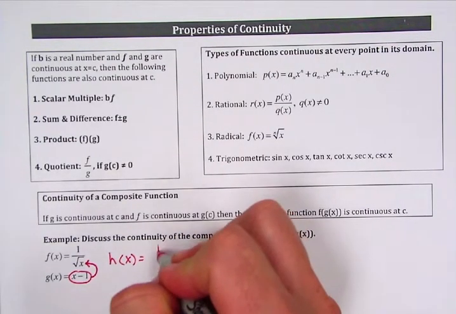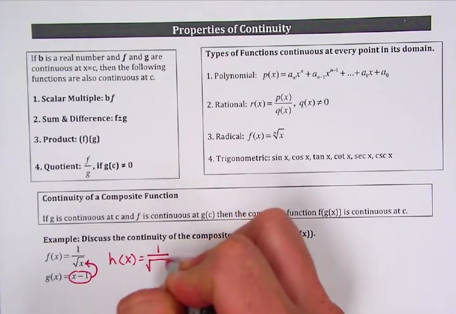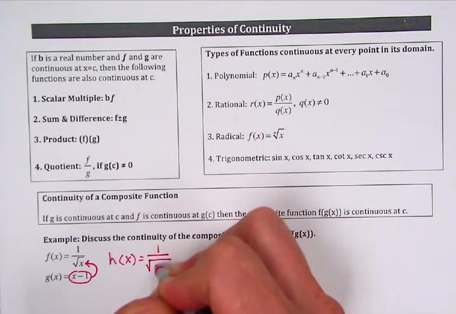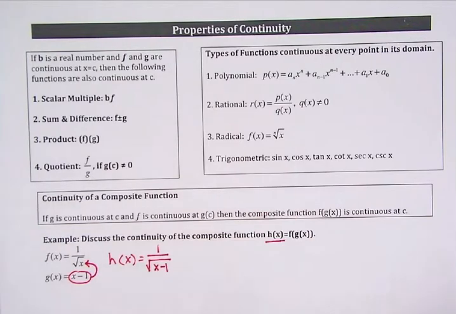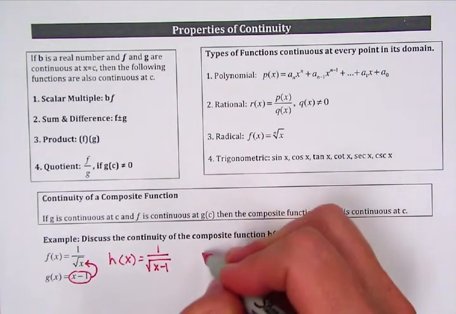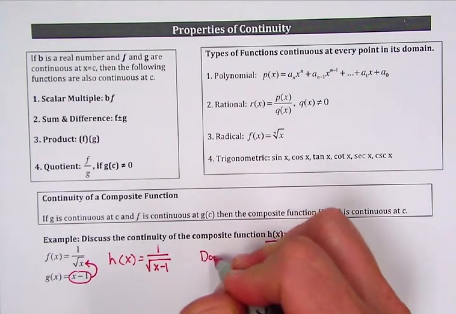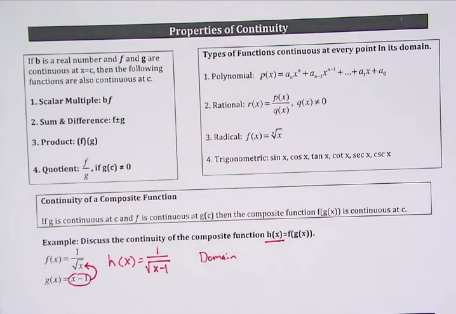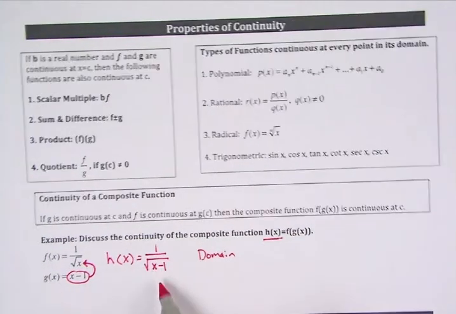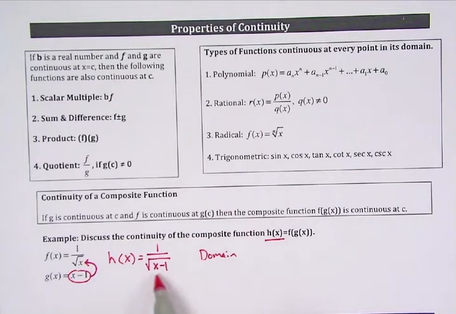Okay, so we can get something like 1 over the square root of x minus 1. Now we want to talk about the continuity, so we need to find its domain. So it's got to be on the domain. All right, so the domain of this thing, we know we can't have a negative number in here, so any value greater than 1 is going to work.